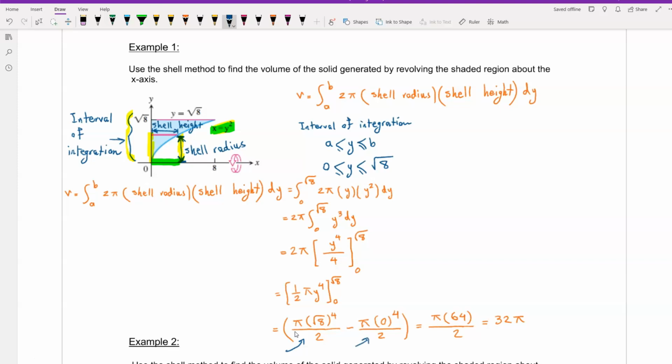And 0 to the 4th power is 0, so 0 times pi divided by 2 is 0. The answer is pi times 64 divided by 2. Simplify, 64 divided by 2 is 32. So the final answer is 32 times pi. So the volume of the region revolved above the x-axis is 32 times pi.